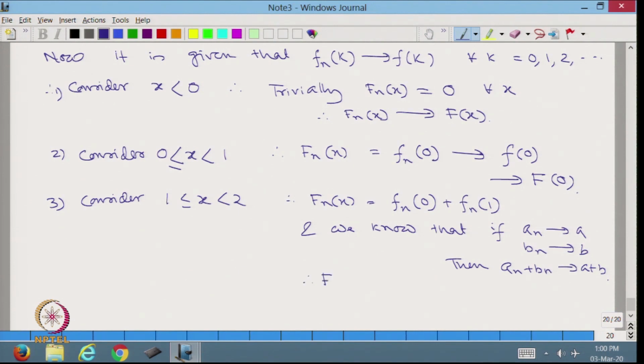Therefore, F_n(x) converges to f_0 plus f_1, which is equal to F at x.